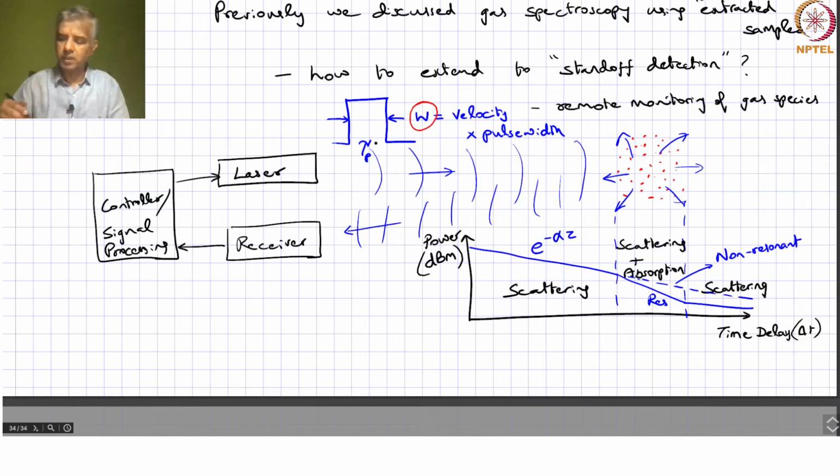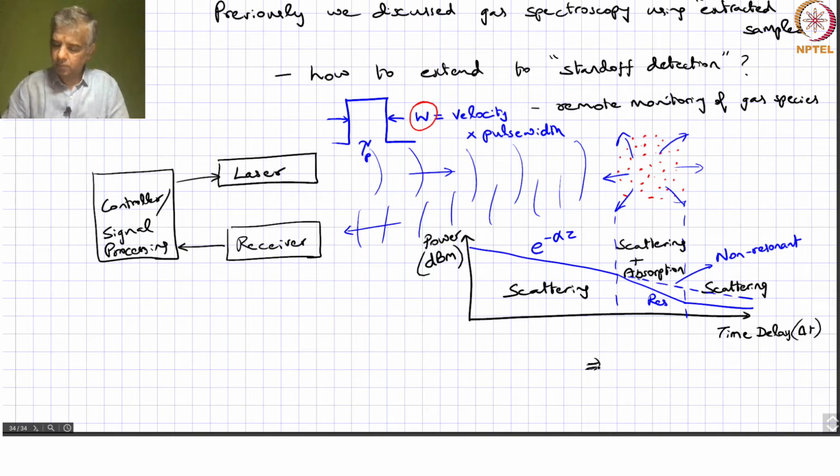If you want to convert that to distance, the corresponding distance is going to be the velocity of light multiplied by this delta t. So then you'd actually have the distance.